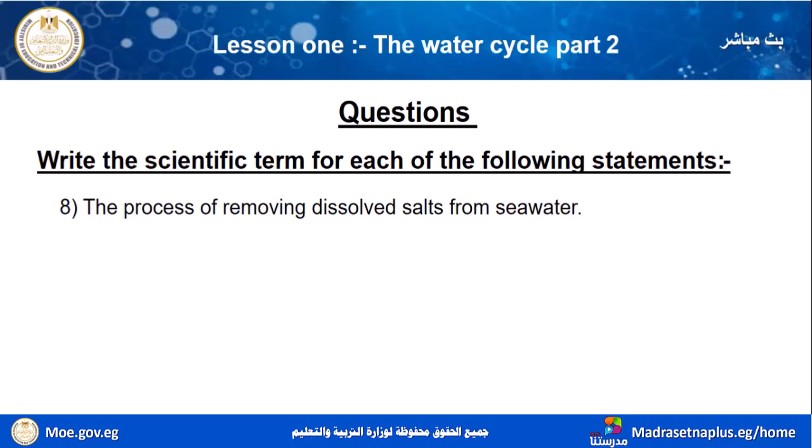So we want to convert salt water into fresh water, and we use a process of removing the dissolved salts from sea water. This process is called desalination of seawater. So desalination of seawater is the process of removing dissolved salts from sea water.